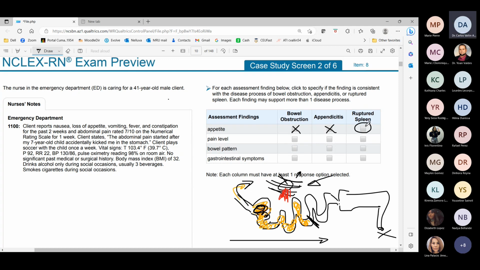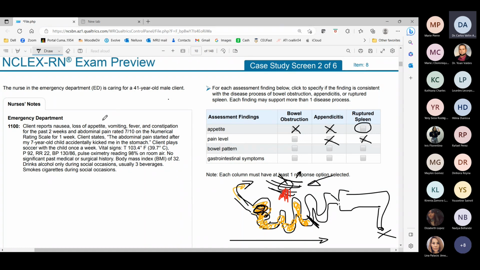Pain level. Pain is intense in ruptured spleen and is intense in appendicitis. Nevertheless, in bowel obstruction it does not necessarily need to be present because you can have, for example, an ileus paralyticus behaving like a bowel obstruction, and there is no pain at all. So I prefer not to mark pain for bowel obstruction.